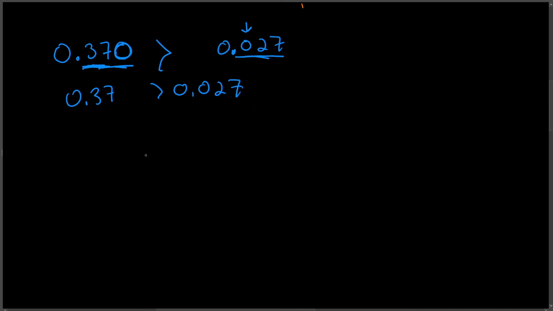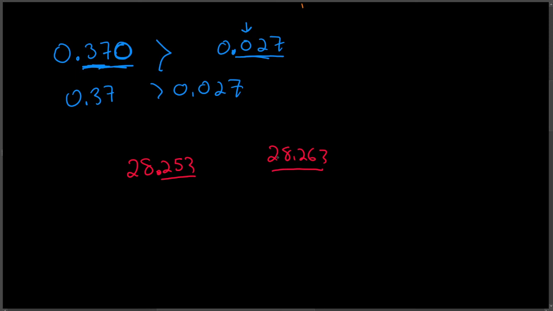So let's look at a mixed number and do a similar comparison. If we look, 28 and 253 thousandths and 28 and 263 thousandths both have the same number of decimal places.